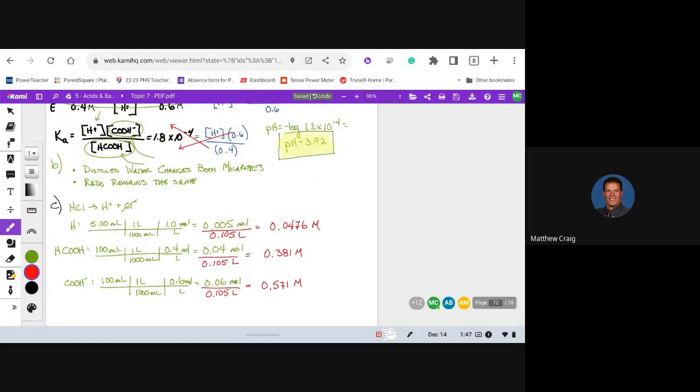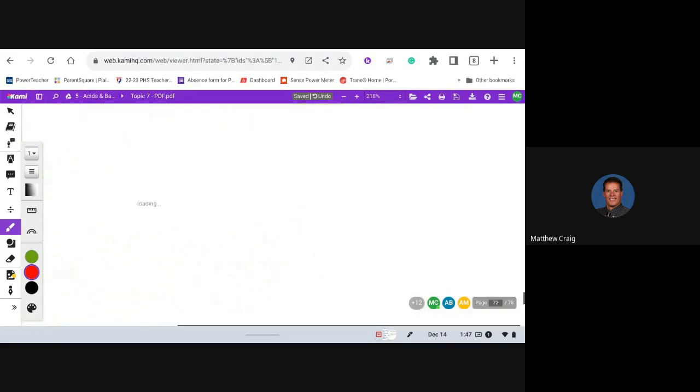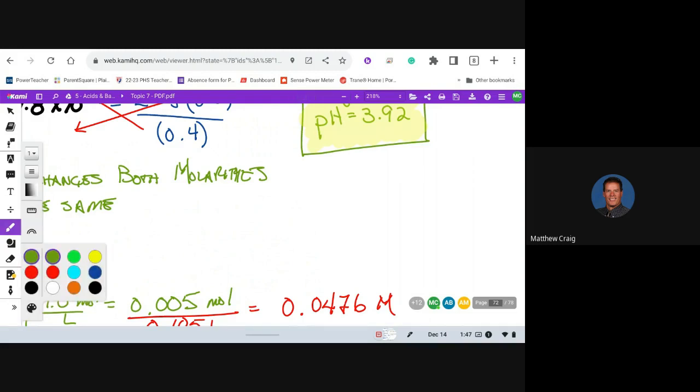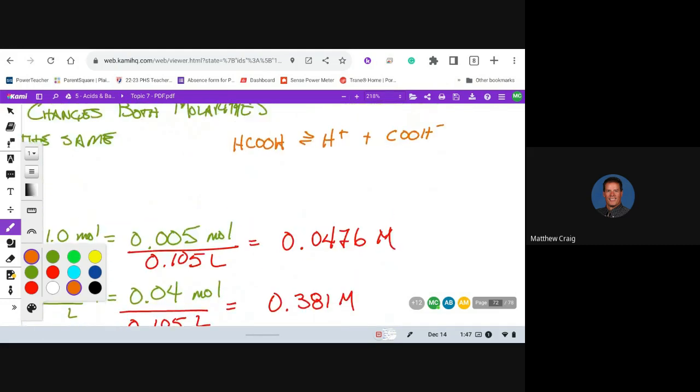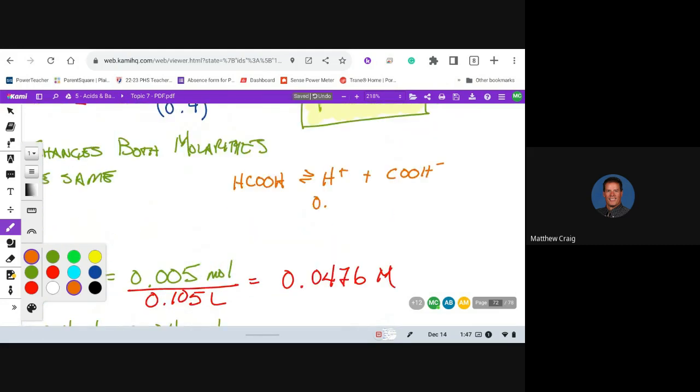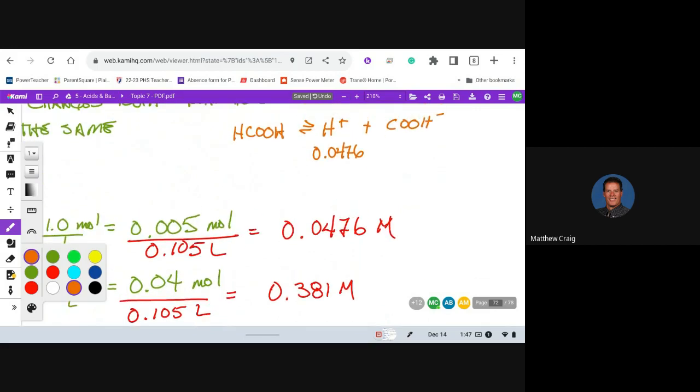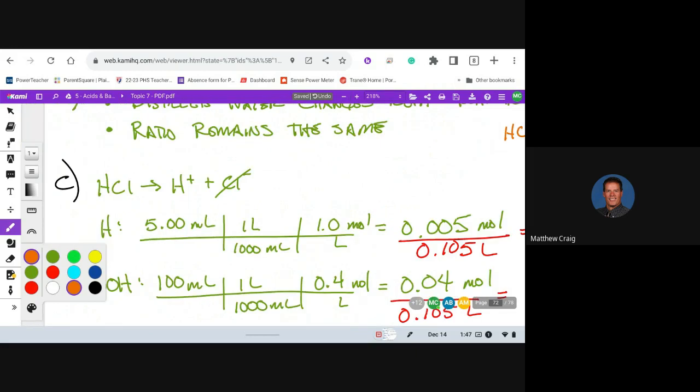Now I'm going to do my ICE chart over here. So let's get this. HCOOH, H, and COOH. So the hydrogen, 0.0476. That's the acid, right?